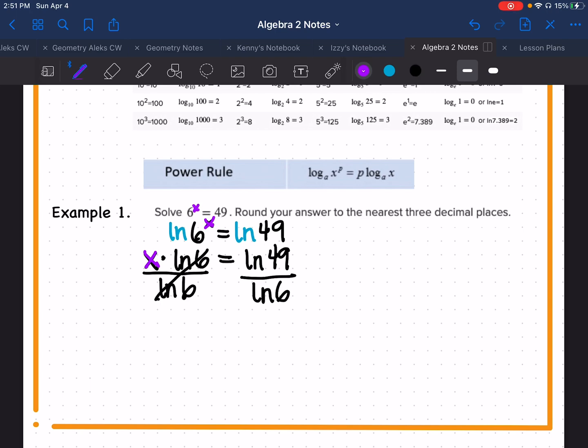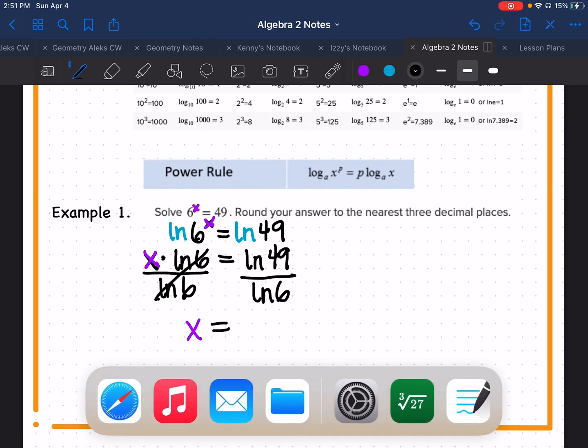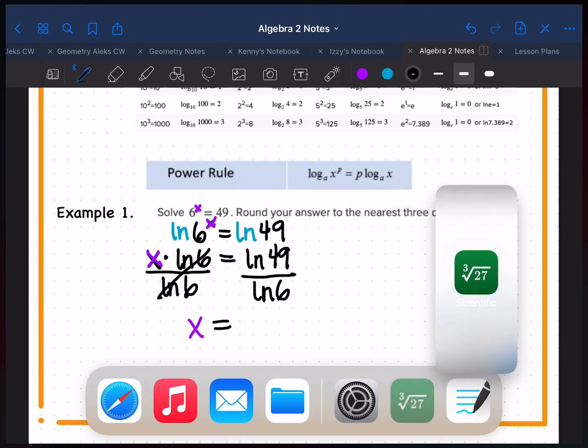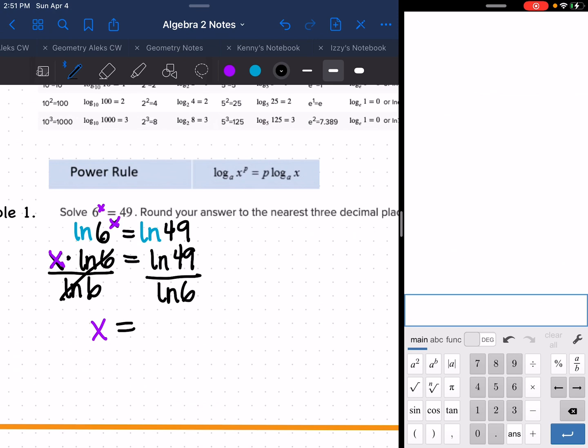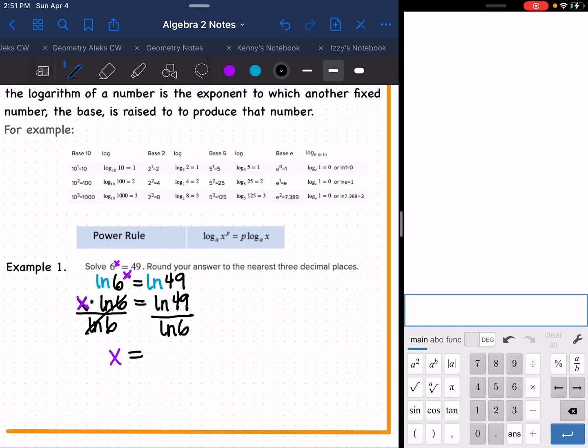Now what I'm going to do next is I'm just going to go into my Desmos Scientific Calculator. There it is. Perfect. And I'm going to put natural log of 49 divided by natural log of 6.